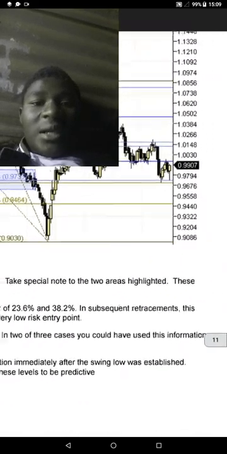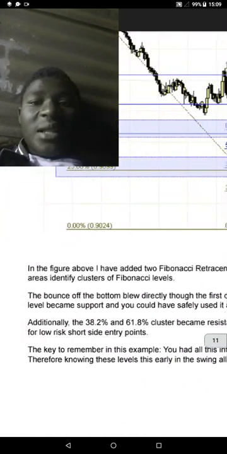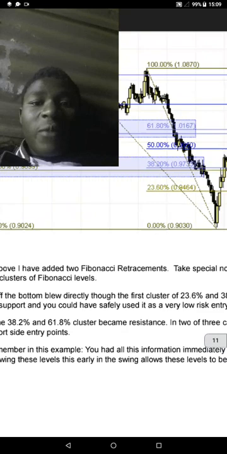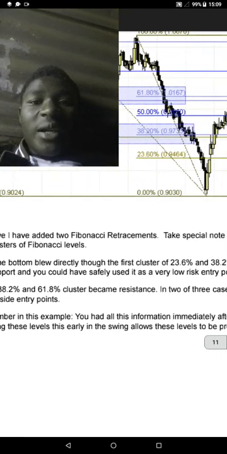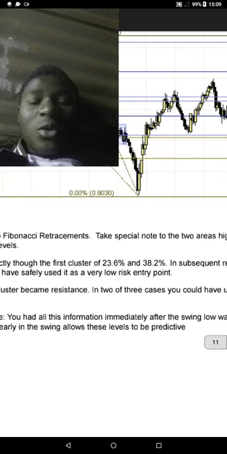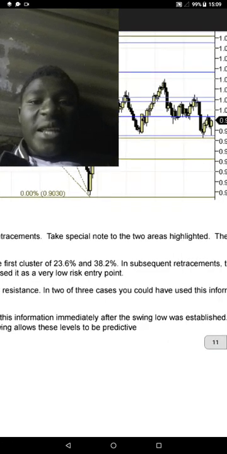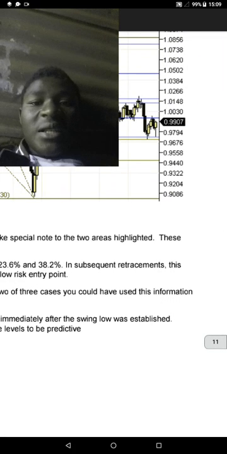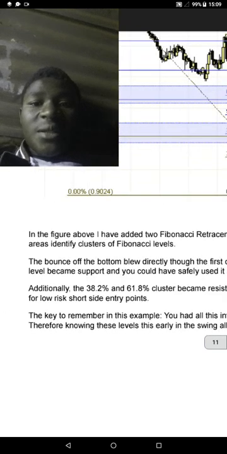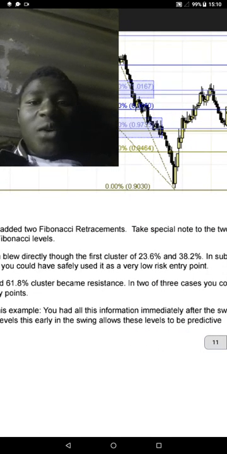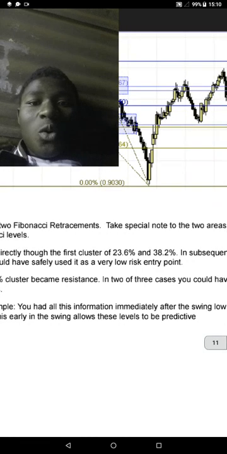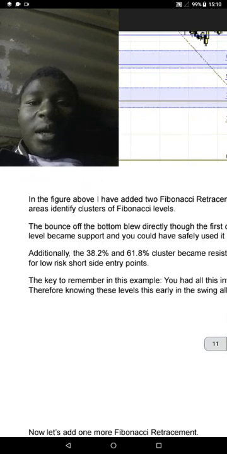This area identifies a cluster of Fibonacci levels. The bounce off the bottom came directly through the first cluster of the 23.6% and 38.2% in a subsequent retracement. This level became support, and you could have safely used it as a very low risk entry point.